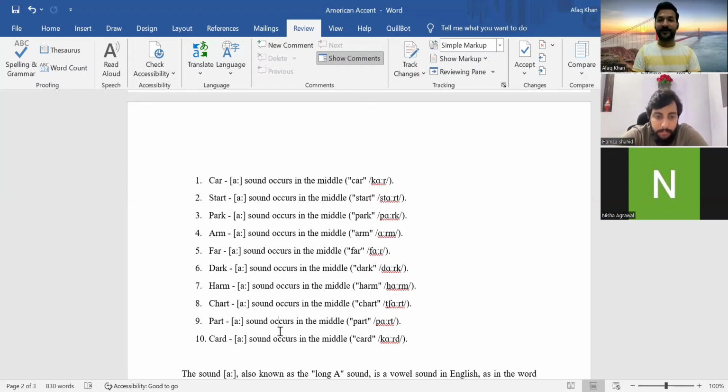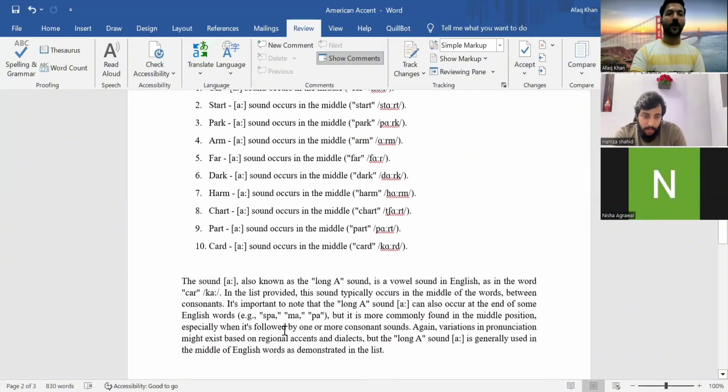Part, chart, card. Okay, good job. So, Nisha, I want you to start reading from here, please.